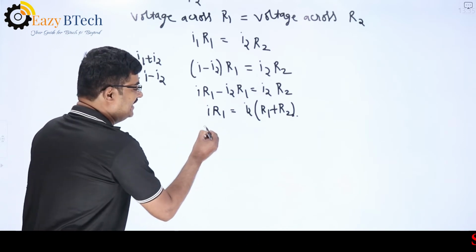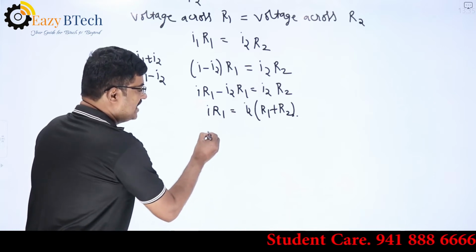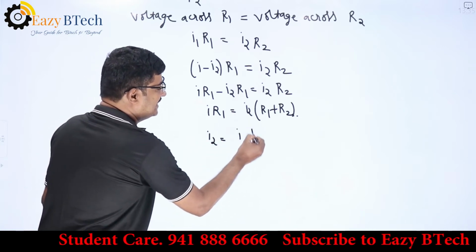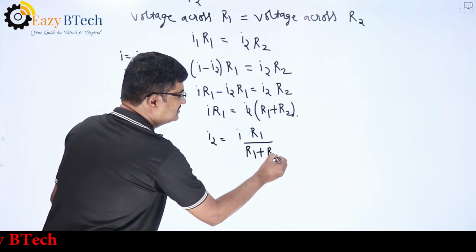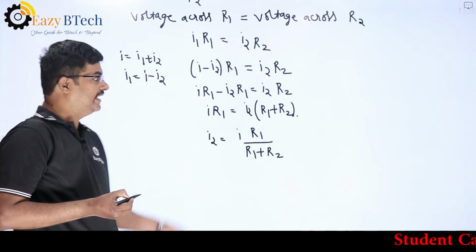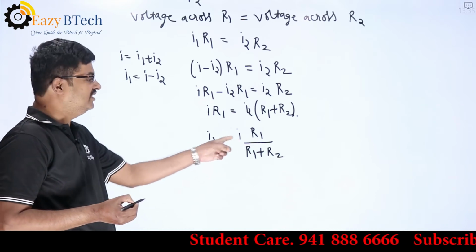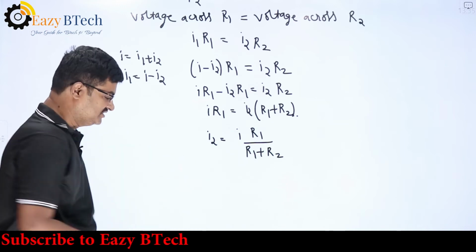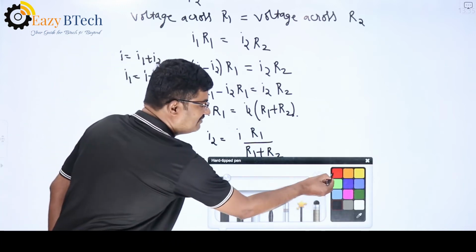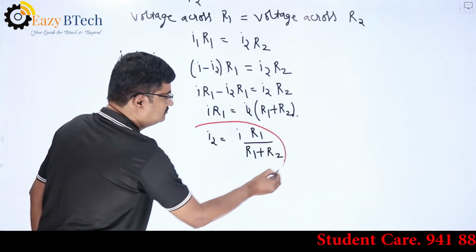From this, I can write I2 is equal to total current into opposite resistance by sum of the resistances. So this is one formula that we have derived here.